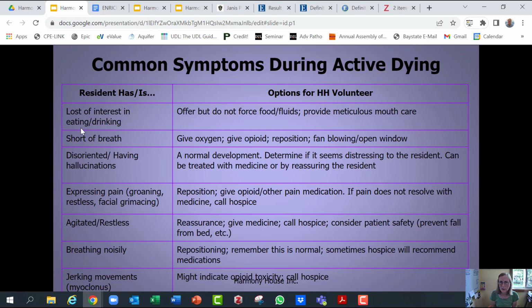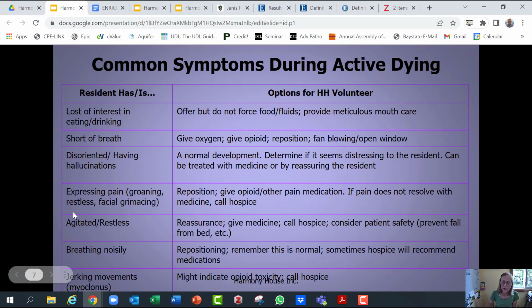Our strategies for intervening when somebody's having pain is to reposition them again, give pain medicine or opioids, something like morphine or oxycodone. If the pain does not resolve with the medicines or the interventions that you've done, that is an indication that you'll want to call hospice and get further advice as to how to ameliorate their pain.